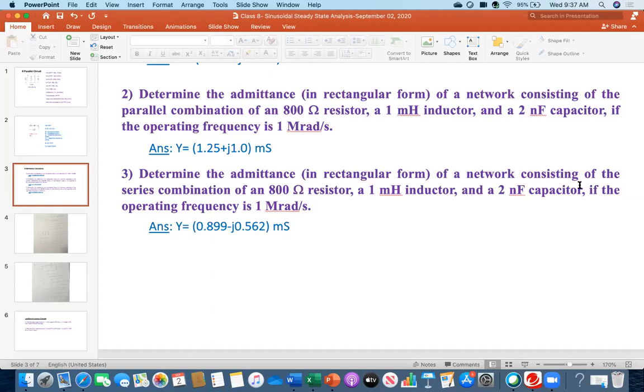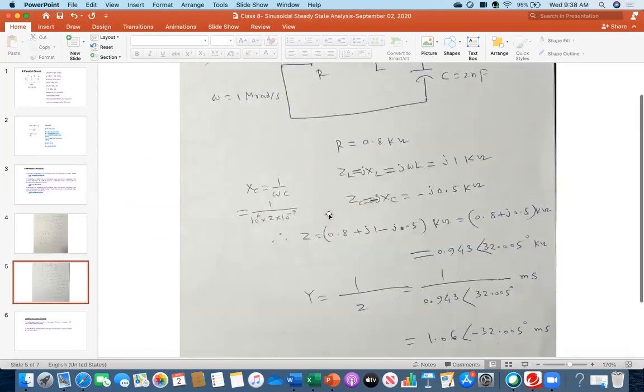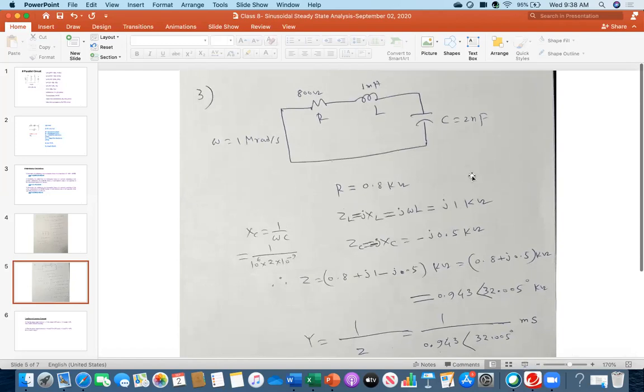These numbers are the same as the previous problem, but in this case the three components are in series, and then find the admittance. The only difference is that those three components were in parallel before, and now I am asking what if they are in series. I think I have done this here. Yes, this is the solution.